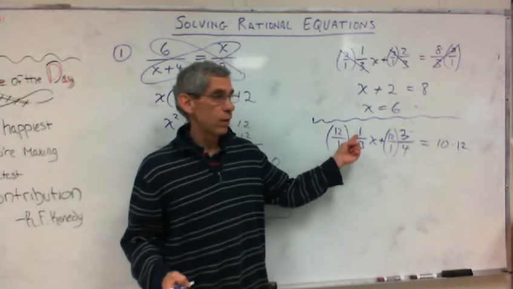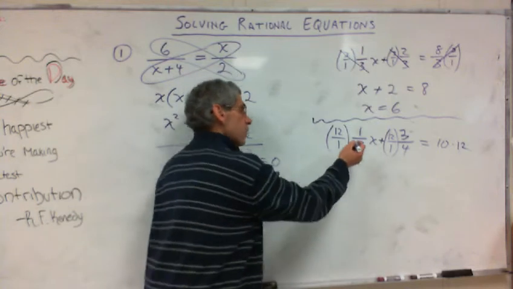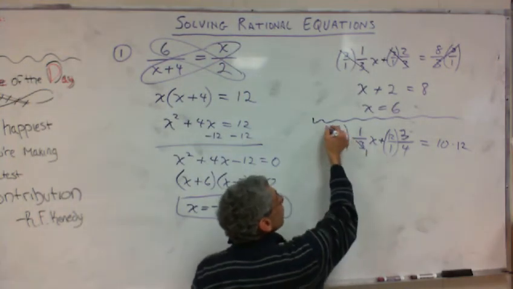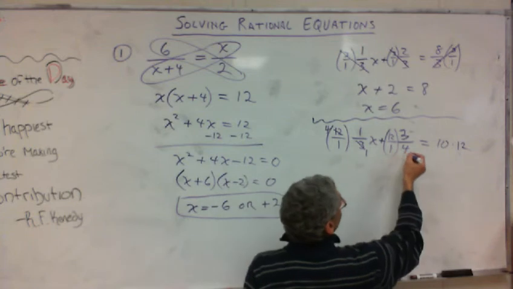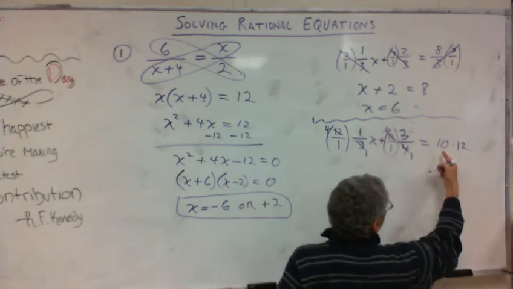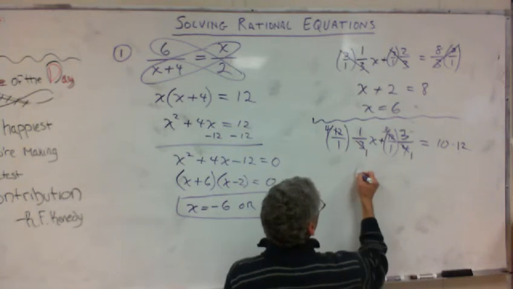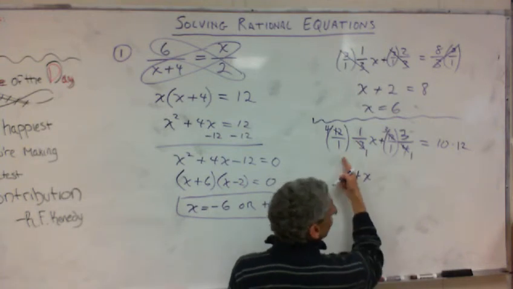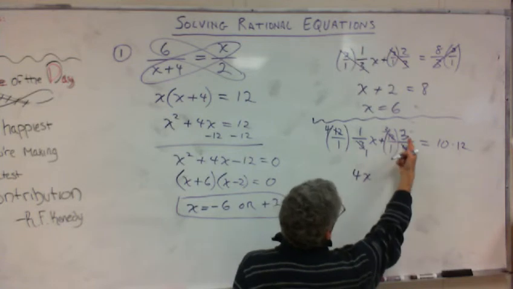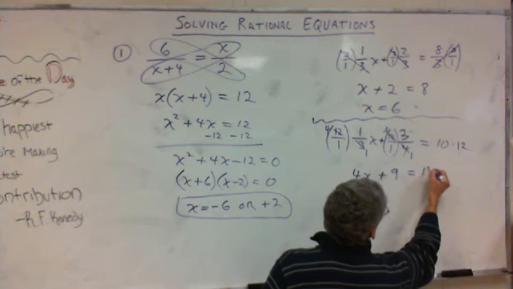It's going to change the numerator a little bit because this is not the same number. 4 goes into 4 once, 4 goes into 12 3 times. So we have 4 times 1x, so we have 4x. No denominators though. Look, the denominators are gone. 3 times 3, so plus 9, equals 120.